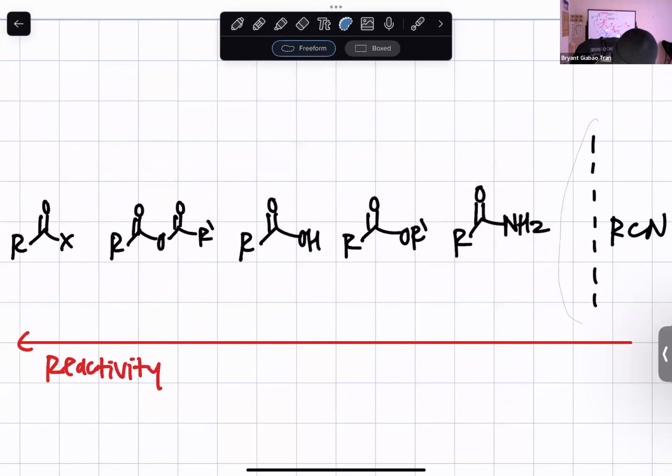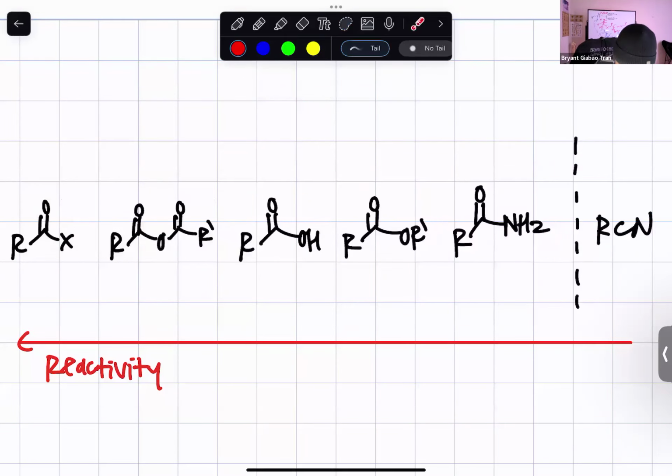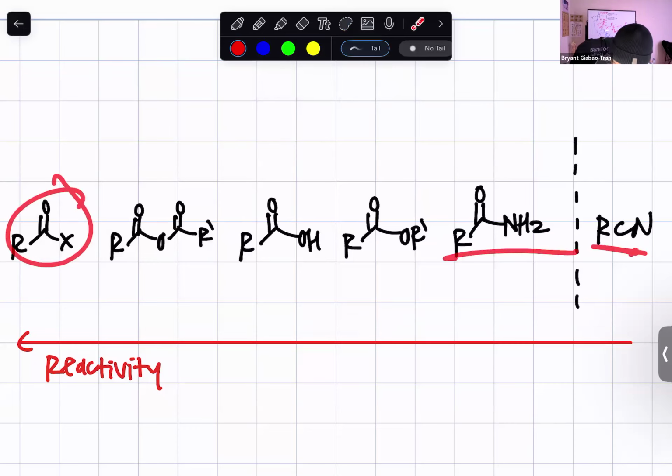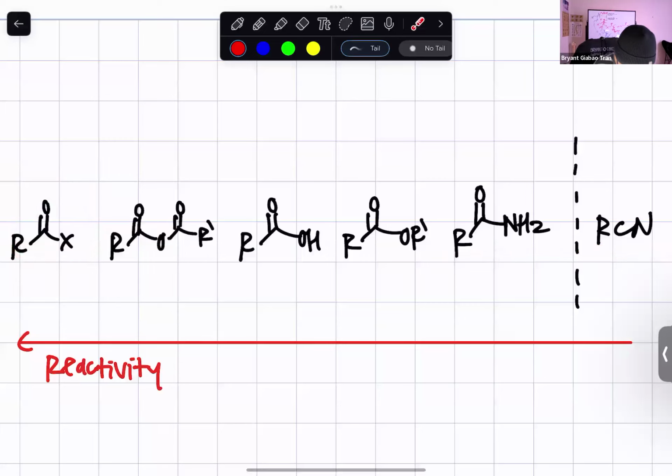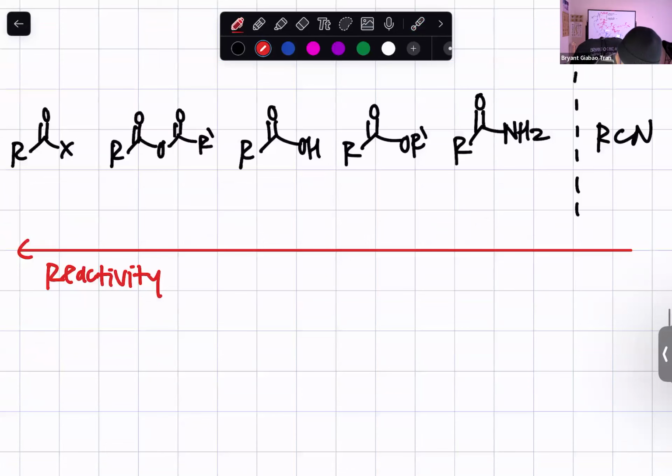Okay. So there are two factors that would explain why the acyl halide is the most reactive derivative and the amide or nitrile is the least reactive derivative. The biggest factor is going to be the leaving group ability, right?